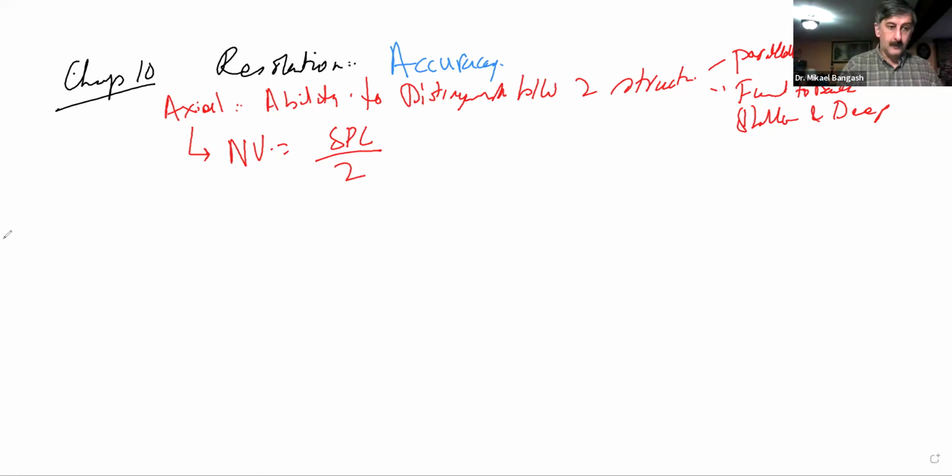We also said that a low numerical value leads to a good axial resolution, whereas a high numerical value will lead to a bad or poor resolution.